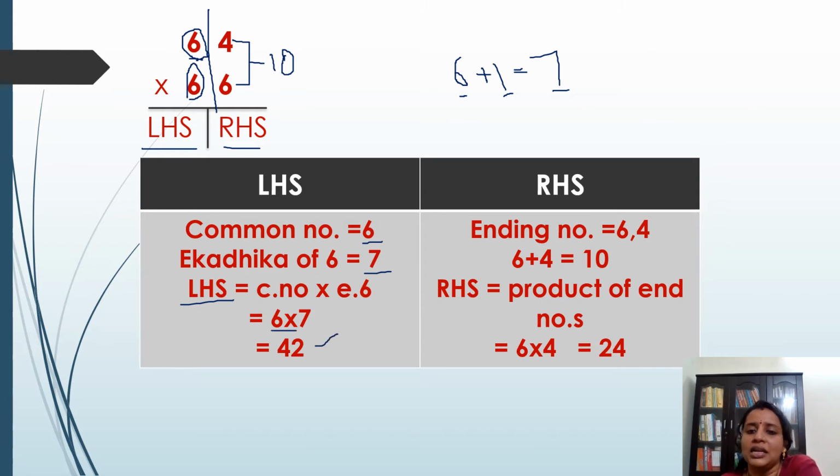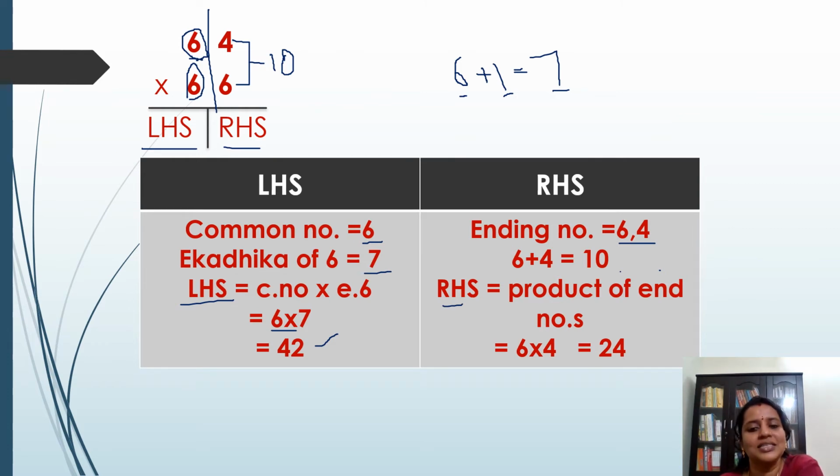And if we go for RHS, the ending numbers 4 and 6 sum up to 10. It satisfies the condition for last totaling 10, isn't it? Yes. And if it satisfies the condition, the RHS is obtained by multiplying those two numbers.